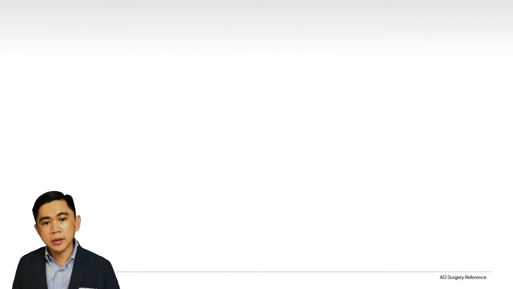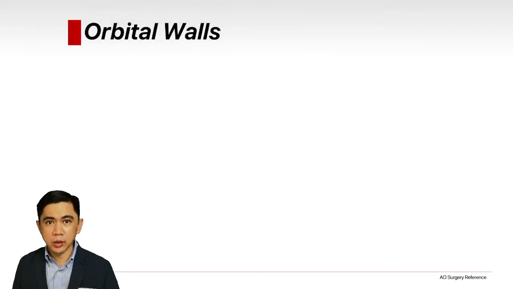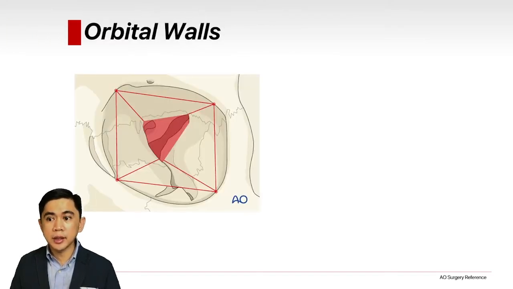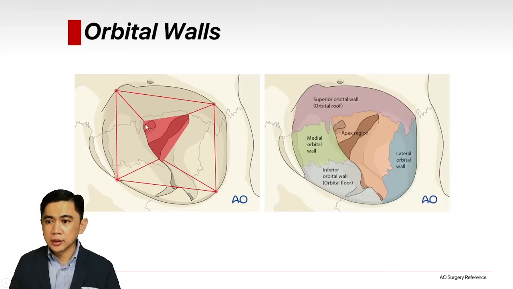We now talk about the internal orbit and the orbital walls. So this is a picture of the orbit, and this is from the left orbit. As you can see, this is the zygoma, and this is the nasal bones. The central red shaded area over here is what we call the apex, and the apex is part of the skull base. And we have four walls.